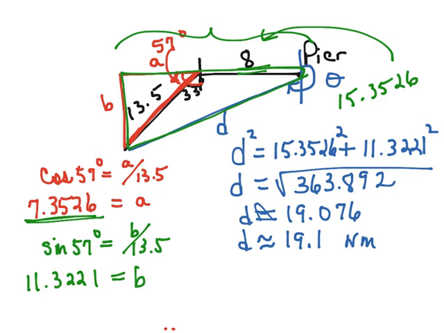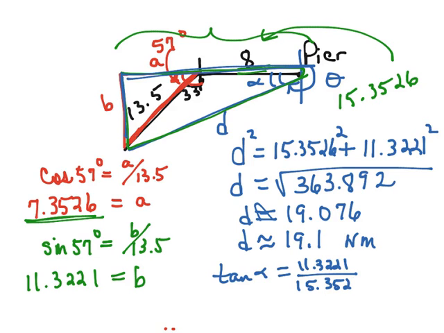So in order to find theta, let's first of all go back in our triangle and find alpha. We can say that the tangent of alpha is equal to opposite, which is B, which is 11.3221, divided by our adjacent side, which was 15.3526.